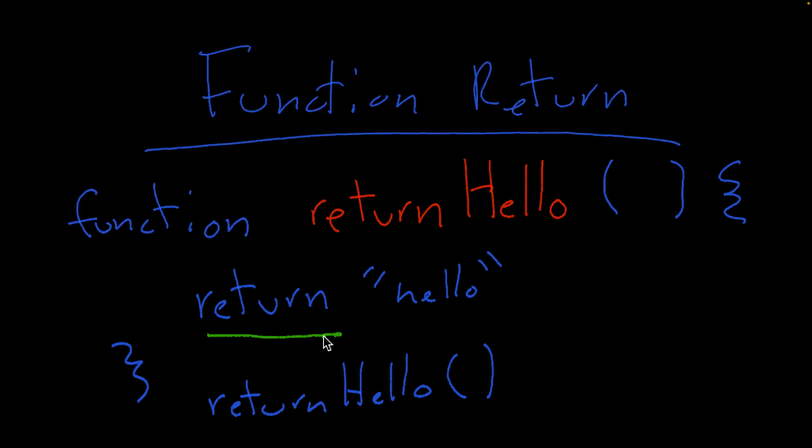So let me just give a definition for this one. All right. So what the return does is it gives the value of whatever's following it. Right now, whatever's following this return is this string hello. So we're going to give this, let's see, is there an orange color? Yeah, orange is good.